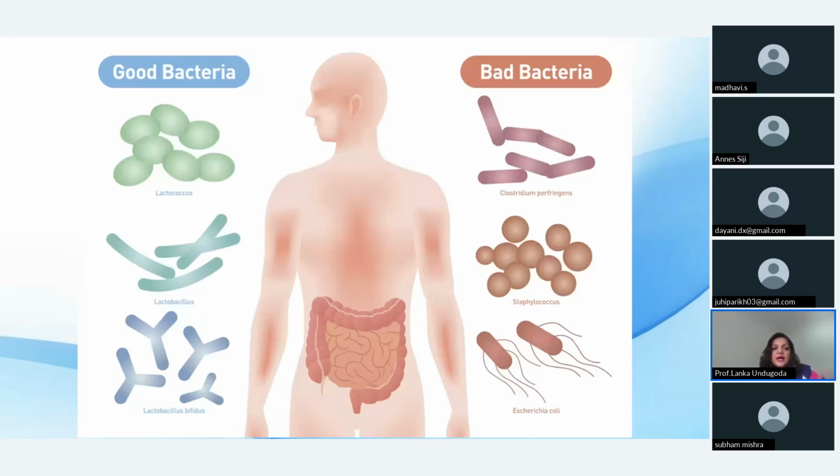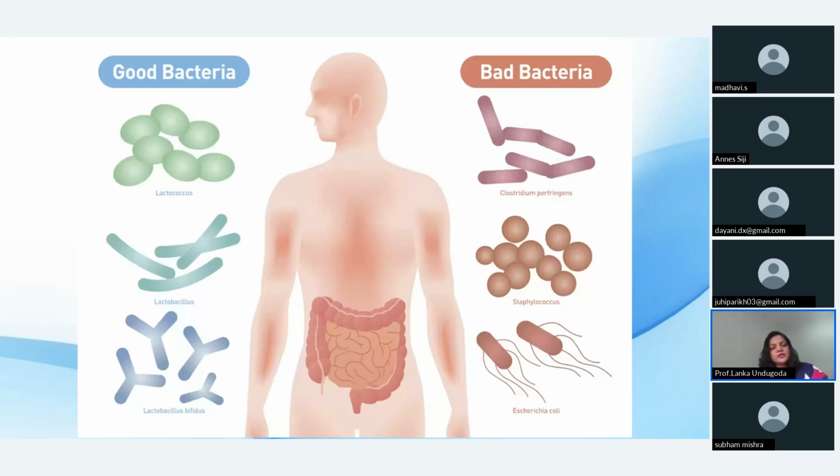This is where we should go when it comes to the gut microbiome. It has several types of good bacteria as well as bad bacteria. I told you more than 1,000 species are there in your body, and it's always a mixture of bad bacteria and good bacteria.